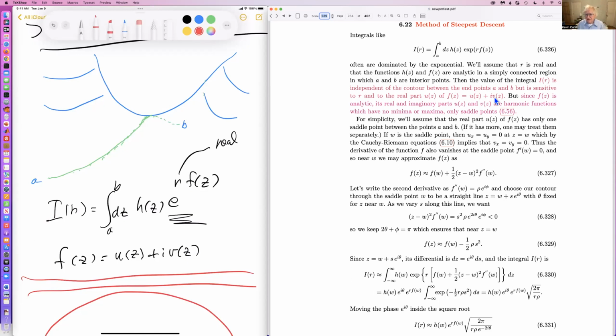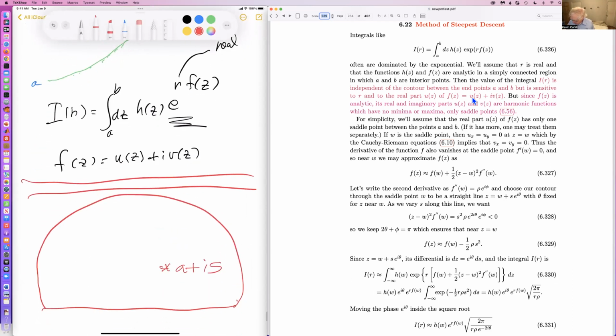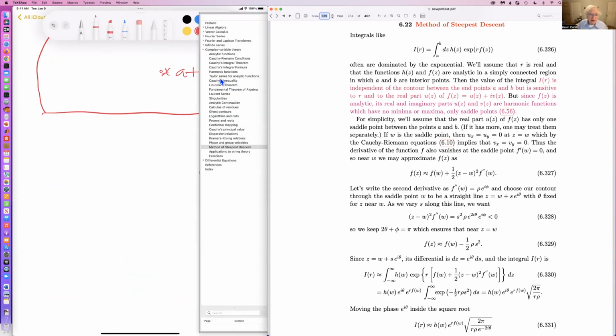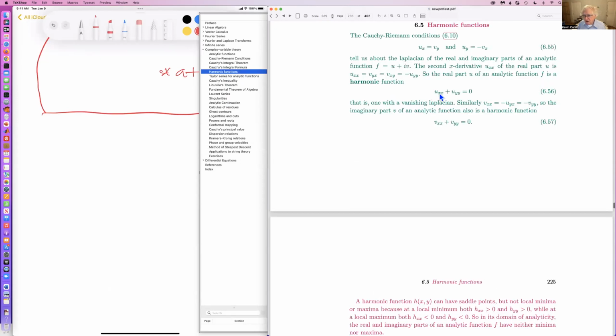That is to say, in formulas, u_xx plus u_yy equals 0, and the same for v.